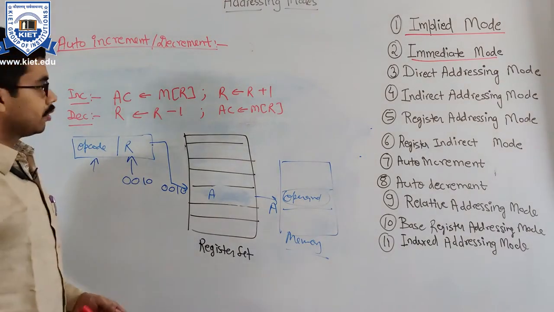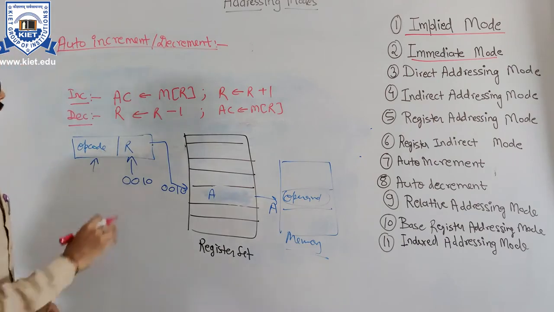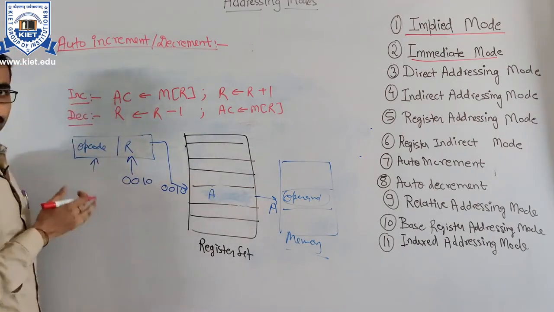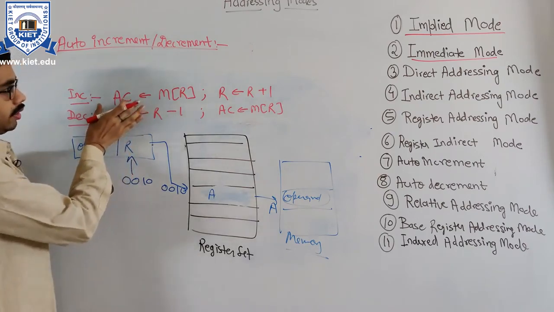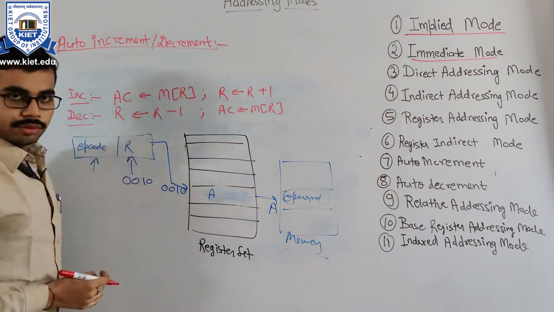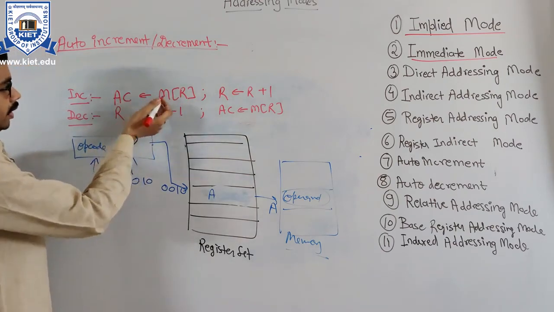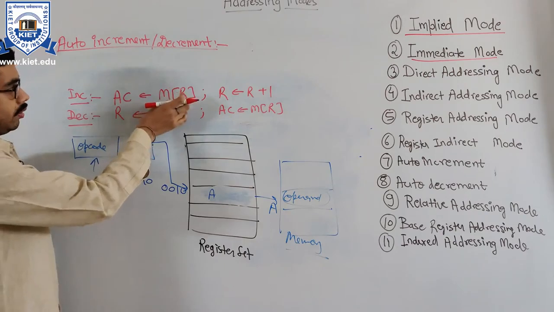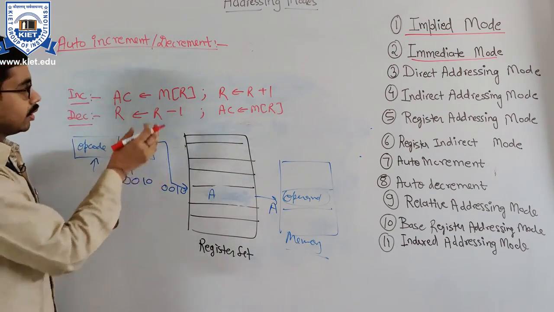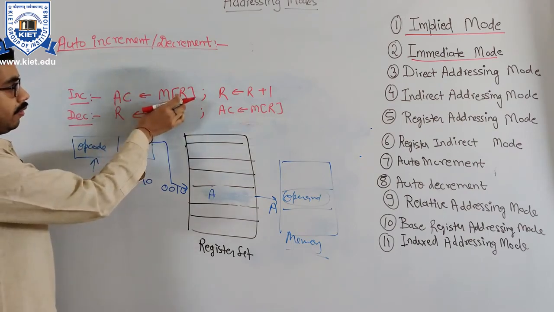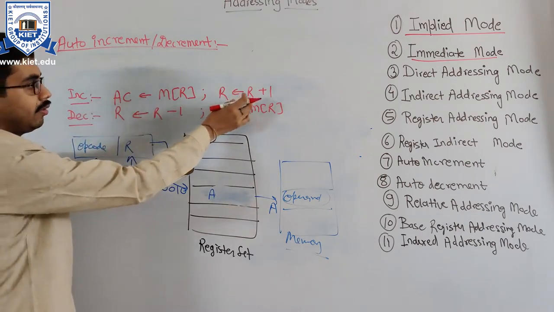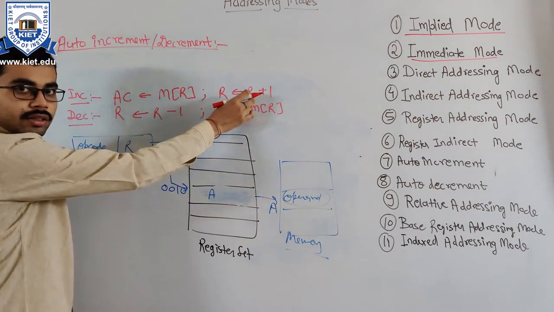So if we talk about auto increment and auto decrement, there are two conditions. If we are using auto increment, it basically does the post increment of the register value. We have to store the value at the memory address given in that register into the accumulator. So it will first take the value and store it into the accumulator, then it will increment the value of the register by 1.